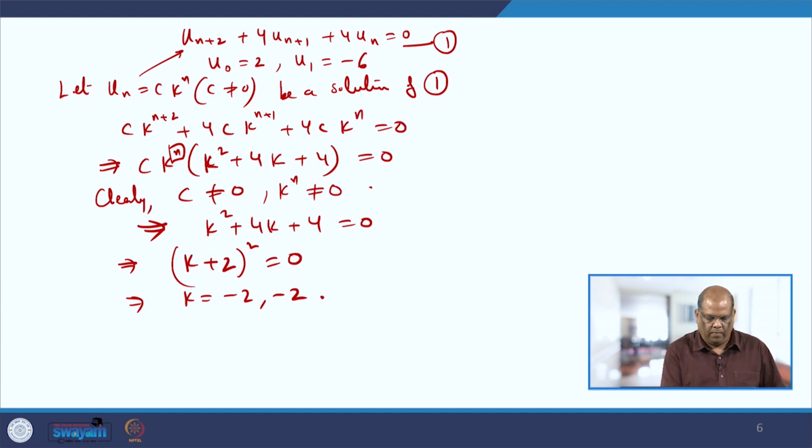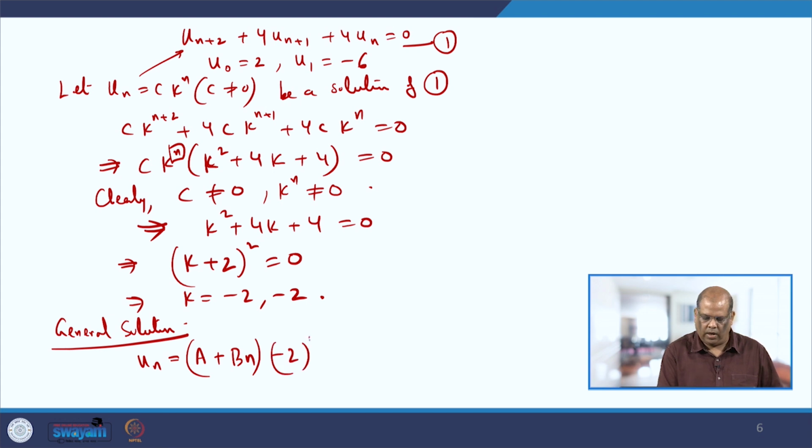So if you have a repeated root, then the general solution is given by un equal to a plus bn into minus 2 to the power n. And this is because the roots are real and equal.